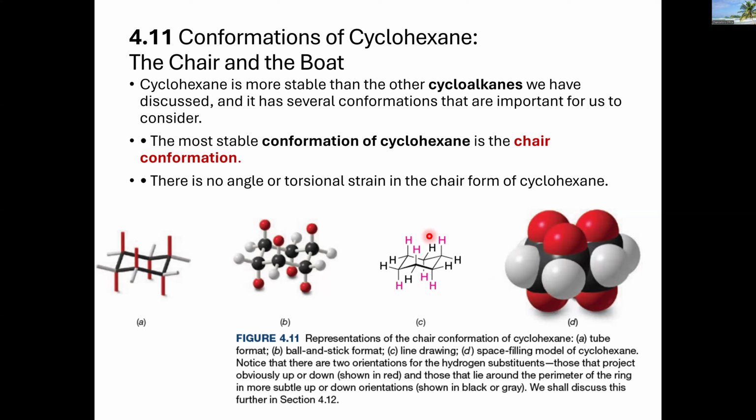But if you look at the actual molecule of your cyclohexane, rather, it's not actually planar, and it will assume the 109.5 degrees brought by the sp3 orbitals of your carbon here. So how would it assume that and minimize the angle and the torsional strain? In fact, there is no angle or torsional strain in the cyclohexane.